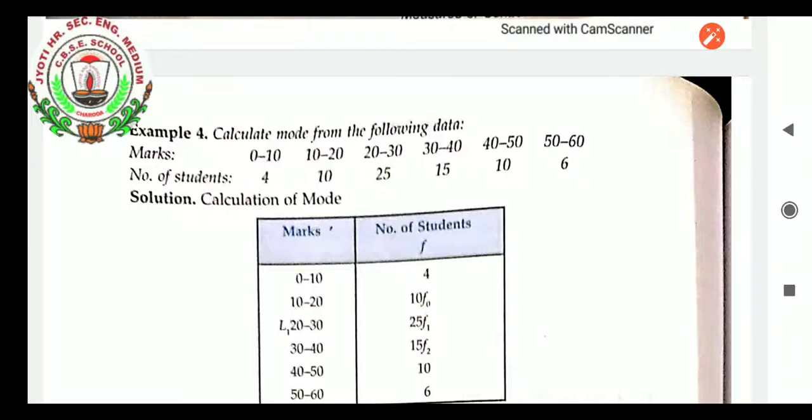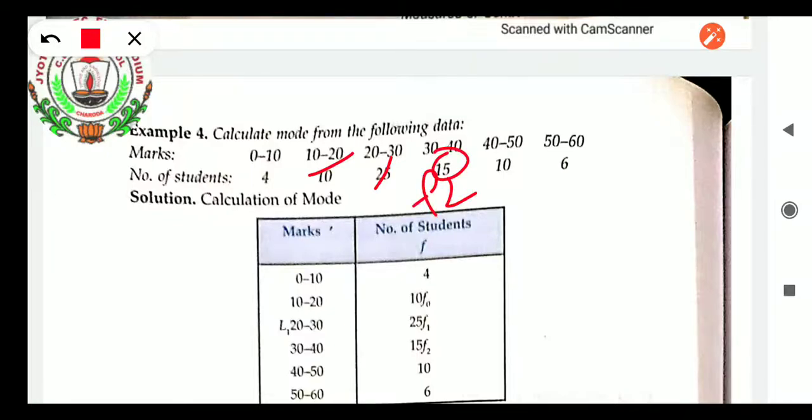Now I will tell you how f0, f1 and f2 are calculated. What is f1? The frequency 25. The preceding frequency, 10, is f0, and the succeeding one is f2.